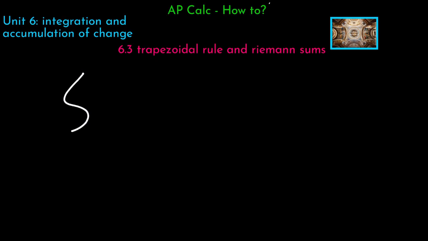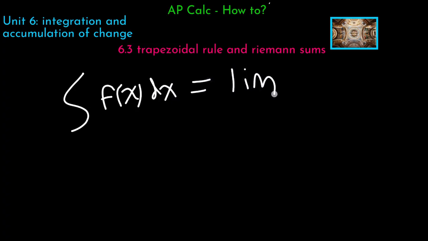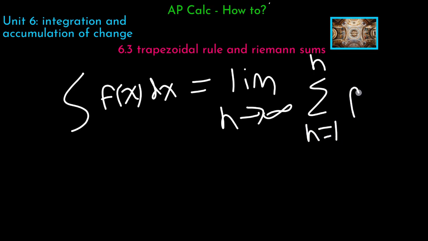You have your integral dx is the limit as n goes to infinity of your Riemann sum, the sum from n equals 1 of f of x_n times delta x. So your infinite limit, the infinite number of rectangles, defines your definite integral, which is very helpful.